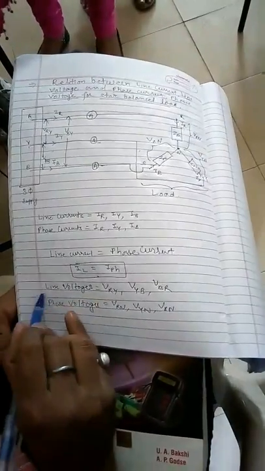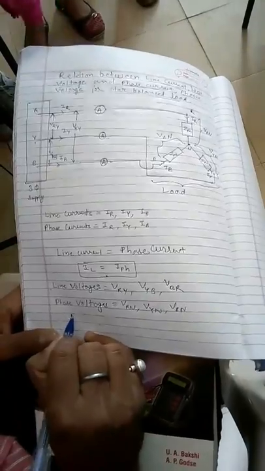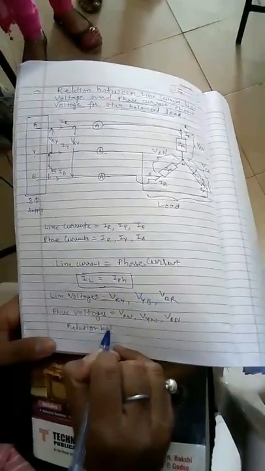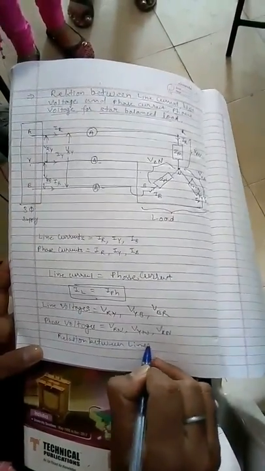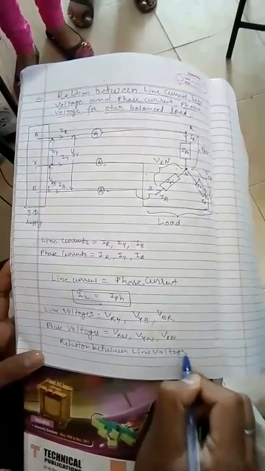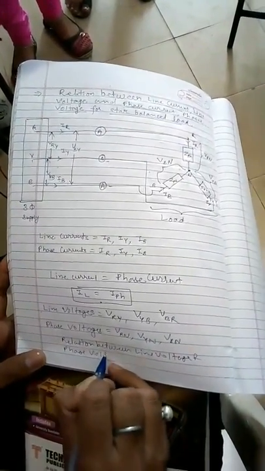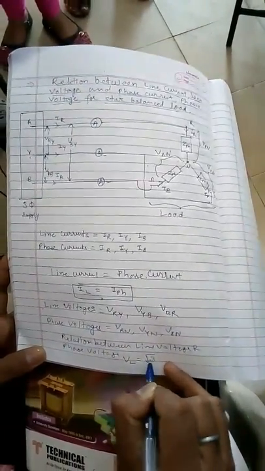The relation between line voltage and phase voltage is VL equals root 3 VPH.